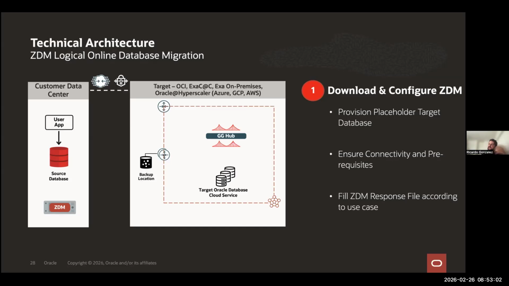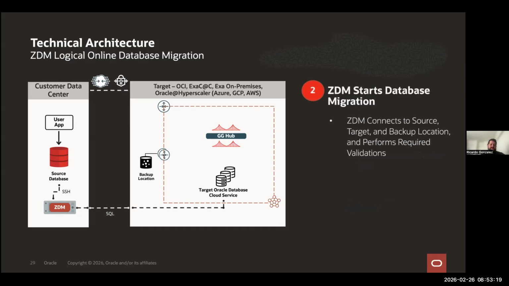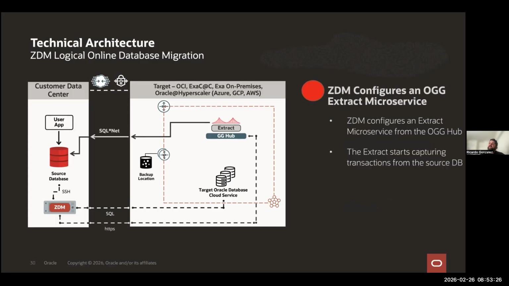So you provision the GoldenGate hub in OCI, as I mentioned, or for multi-cloud the Docker container that you've provisioned. ZDM now knows where everything is, and you have the response file in place. We do validation, SQL*Net to the target database, and we connect to the source via SSH to ensure everything is fine. We go to the GoldenGate hub and start creating the first microservice, which is the extract, and start capturing transactions from the source and storing trail files.